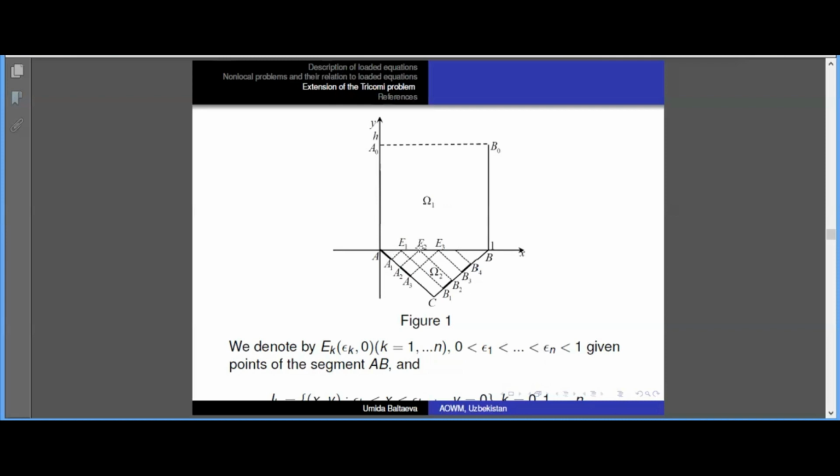And from each of the points, we can draw the characteristic parallel to the characteristic BC, E1, E2, and others. And in the same way, from each of the points, we can draw the parallel characteristics. Here are E1, B1, E2, B2, and others.